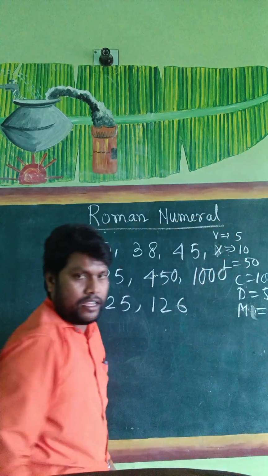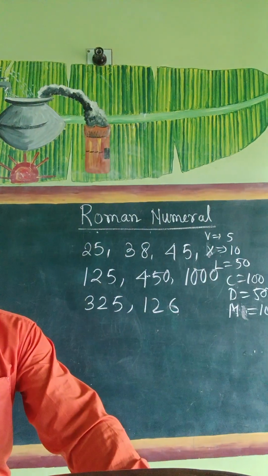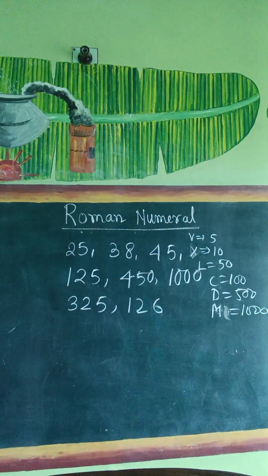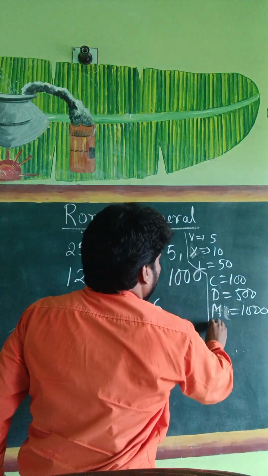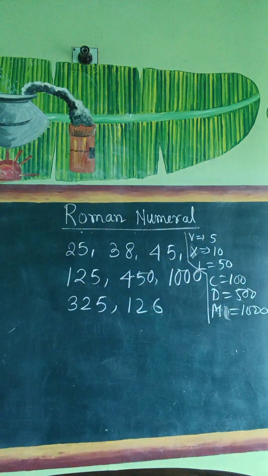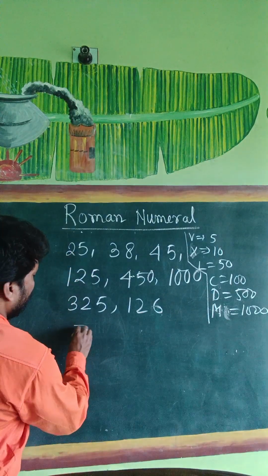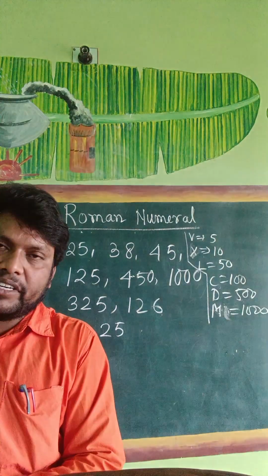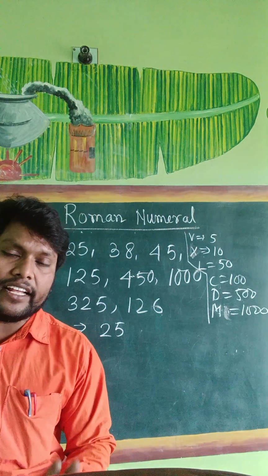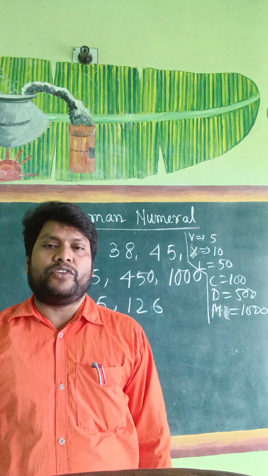At first write the values of these Roman numerals on the right side. Then automatically you will understand how these processes apply. Okay, now at first 25. But the rules I have discussed at first, keep them in your memory.